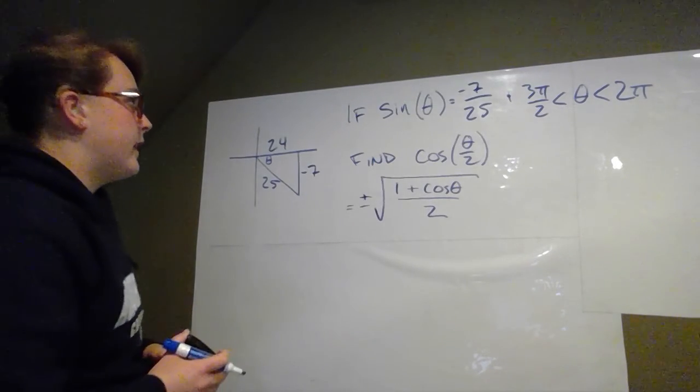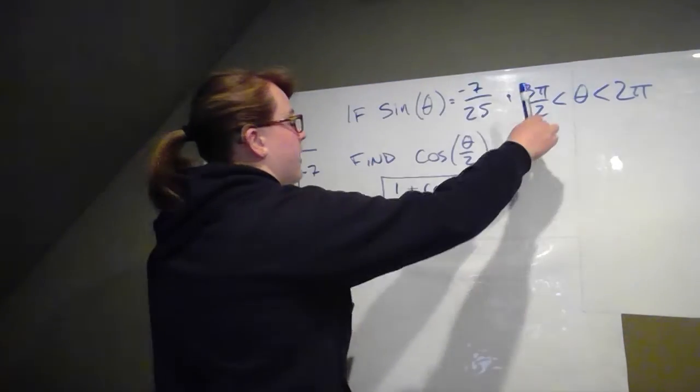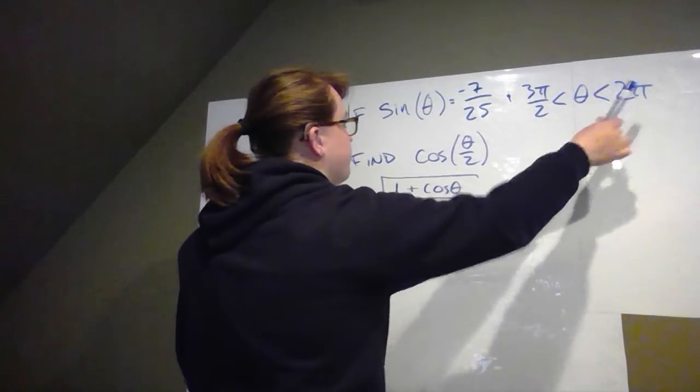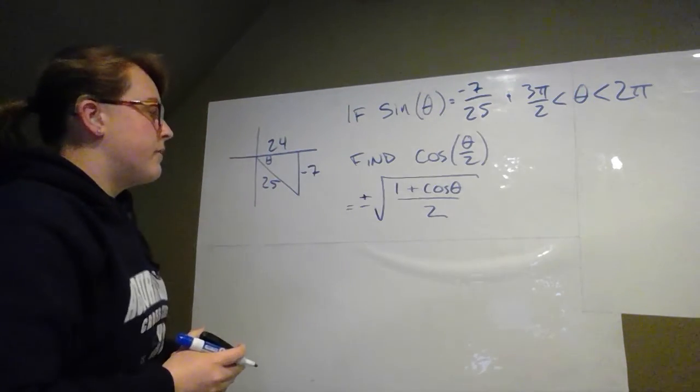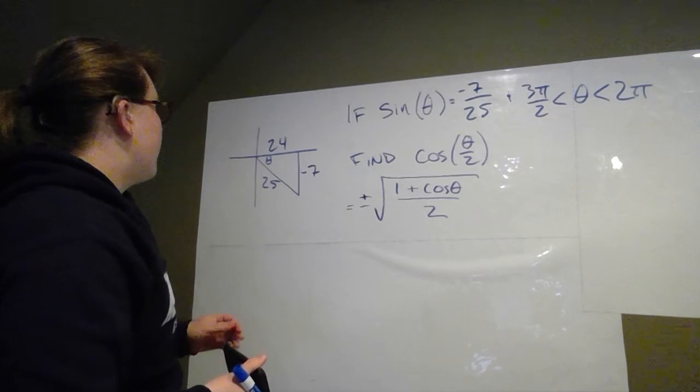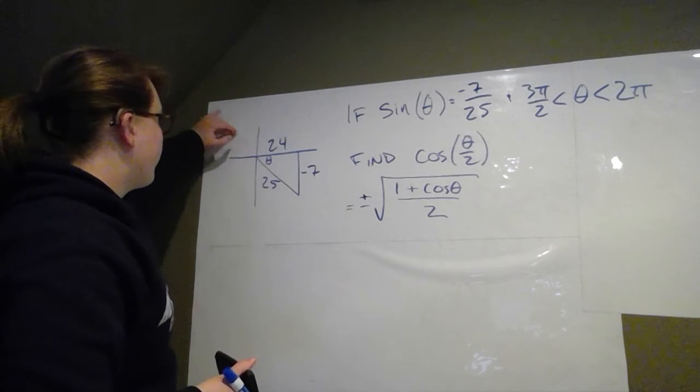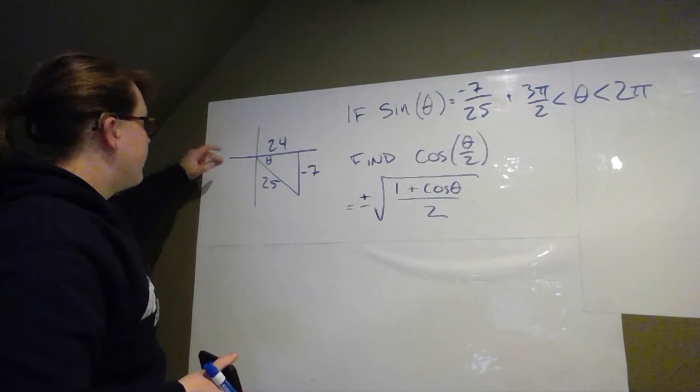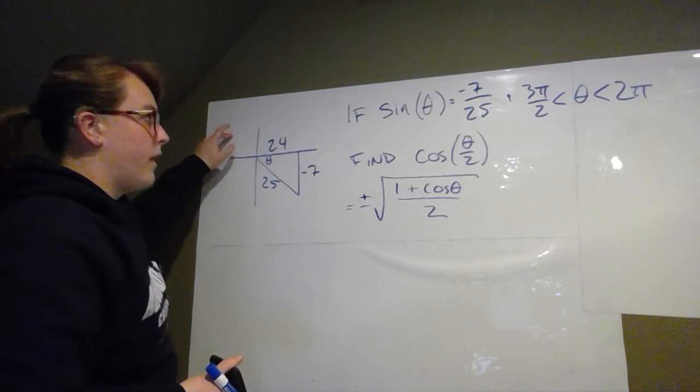So if the original angle was between 3 pi over 2 and 2 pi, that tells you that the new angle is going to be somewhere between 3 pi over 4 and pi. So it's going to be somewhere in the second quadrant.